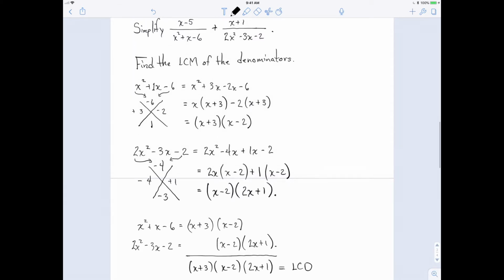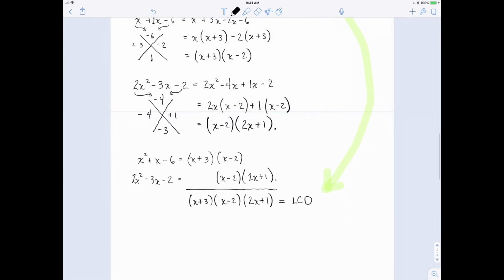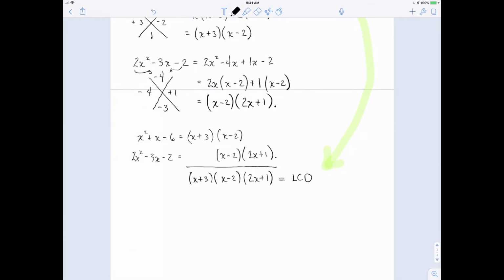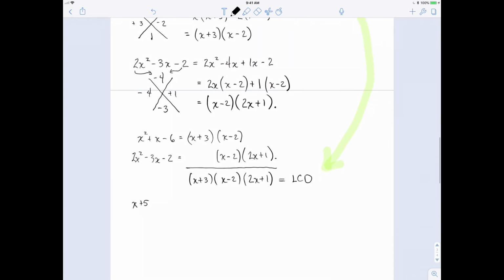So now we have to take each of our beginning fractions and write them with the new LCD down here. Okay, so let's try this. My first fraction is x plus 5. Did I get that correct? Yeah. Oops, x minus 5.